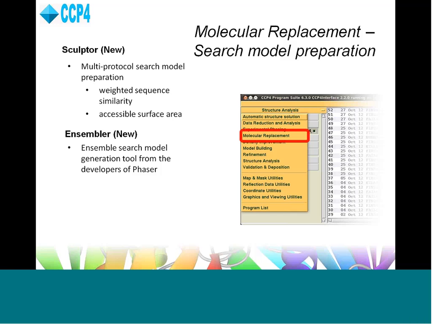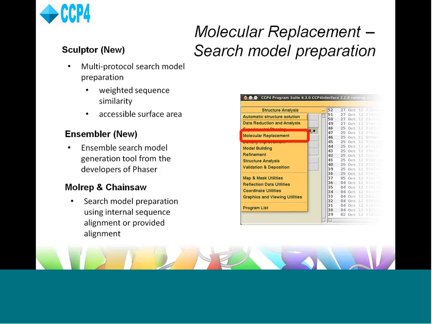So Phaser itself is quite clever with ensembles. It will weigh up areas in the models that have low variance and weigh down those that have high variance. So it can give you a solution in some cases where otherwise you may not.